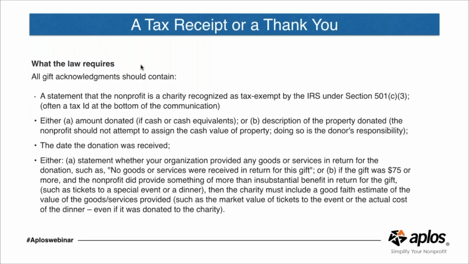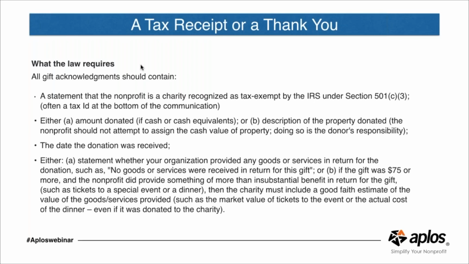Obviously, the law requires you put the amount donated, or the description if it's property, and the date the donation was received. And this one is important: typically there needs to be a statement in there that no goods or services were received in return for this gift.